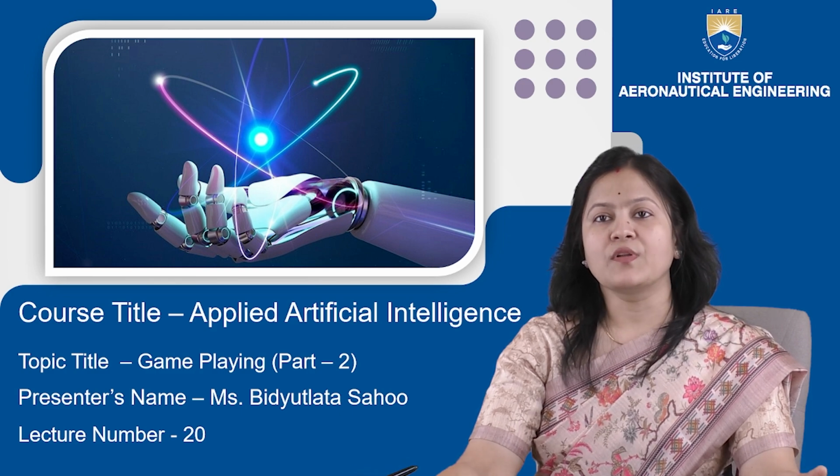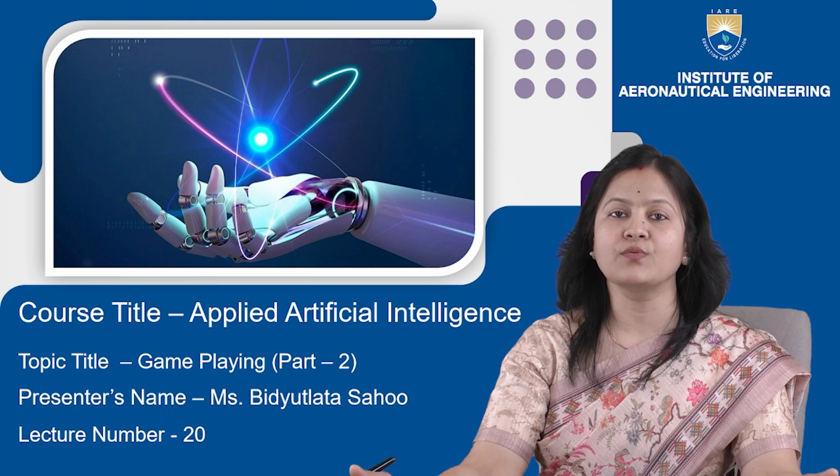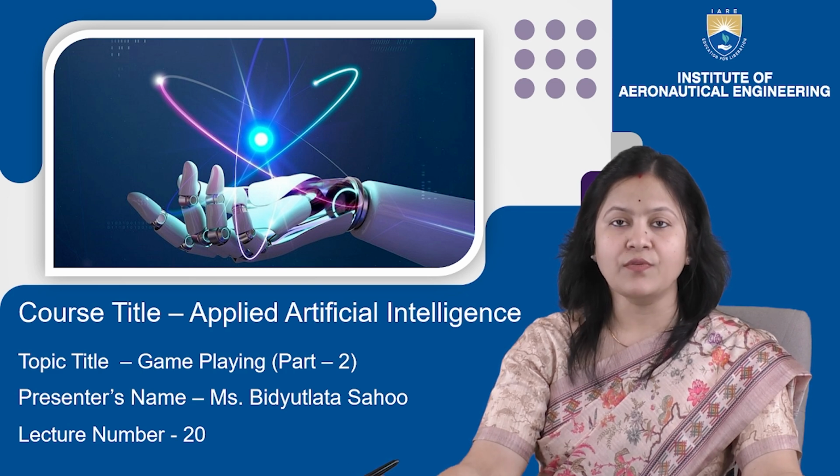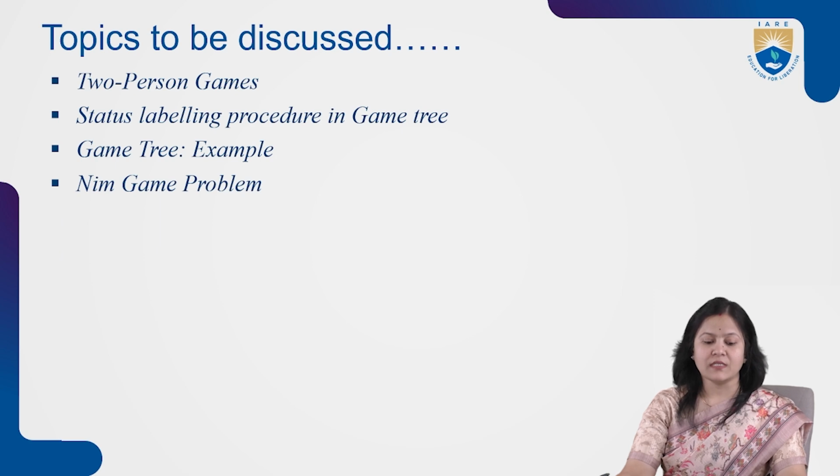In my previous video I already discussed the introduction to game playing, and a few more concepts I will discuss in this video. These are the topics to be discussed. First I will discuss two-person games: what is the meaning of a two-person game and what strategy it follows, and how to do the status labeling procedure in the game tree.